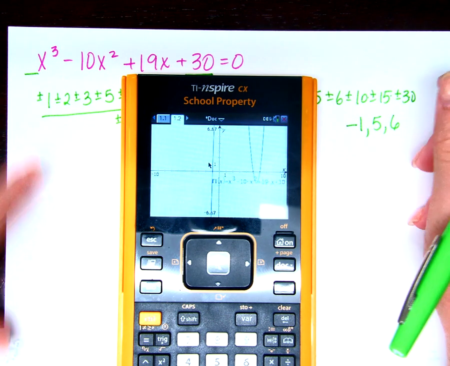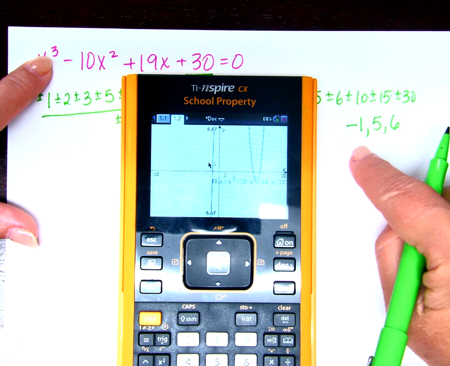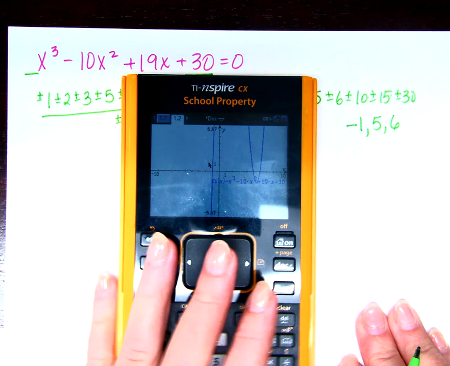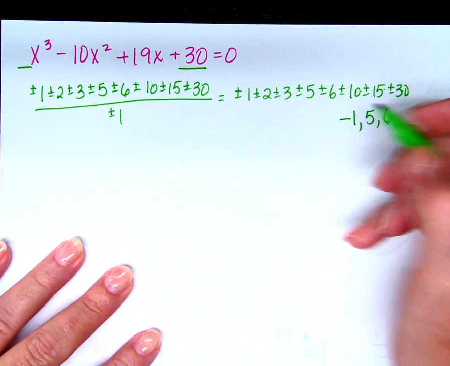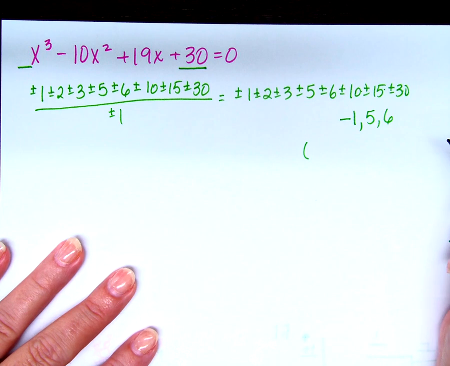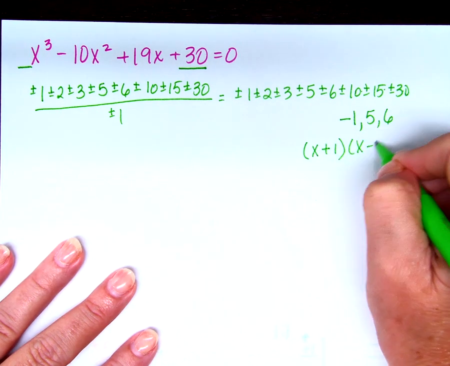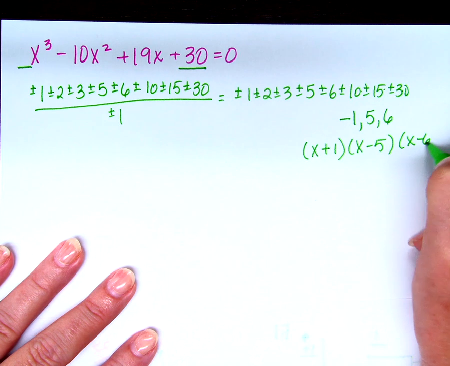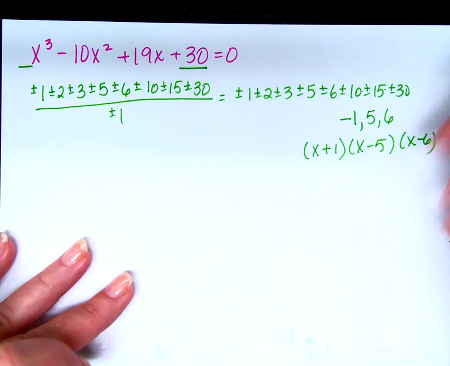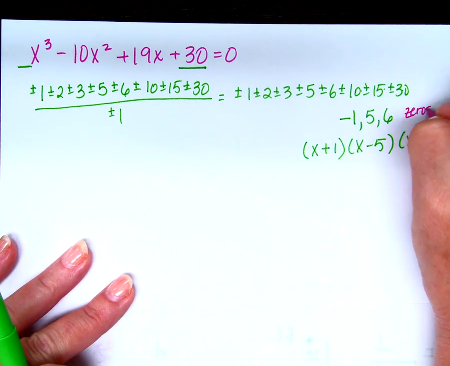How many am I supposed to have? 3. How many did I find? 3. Perfect. These are my zeros. What are my factors? X plus 1, x minus 5, x minus 6. These are zeros. These are factors.